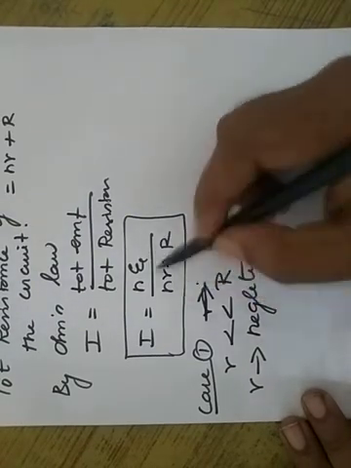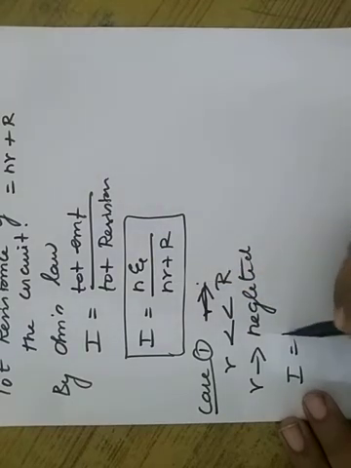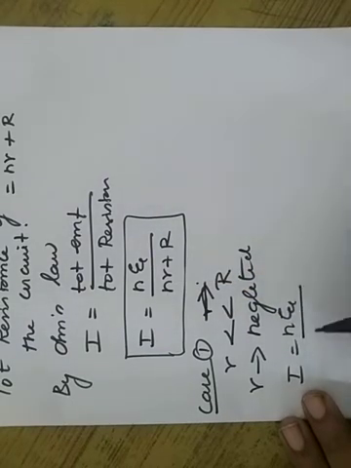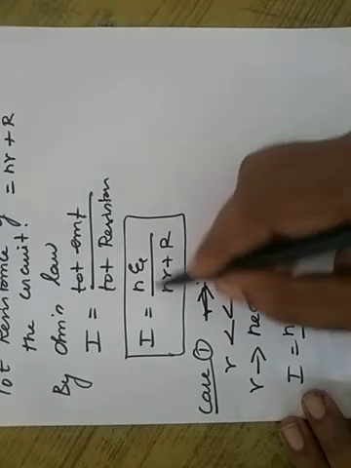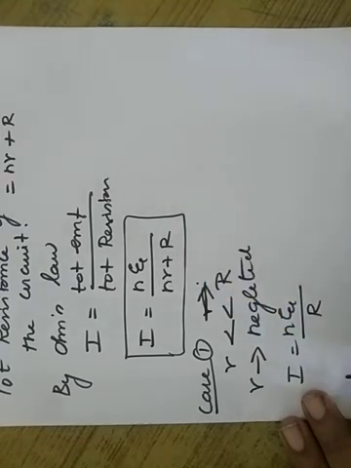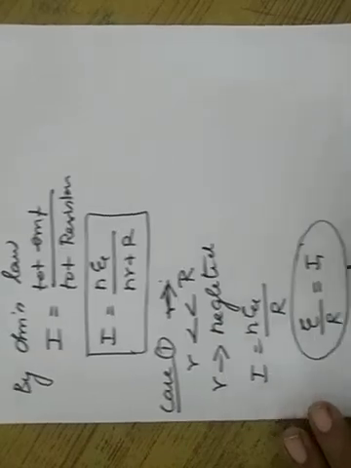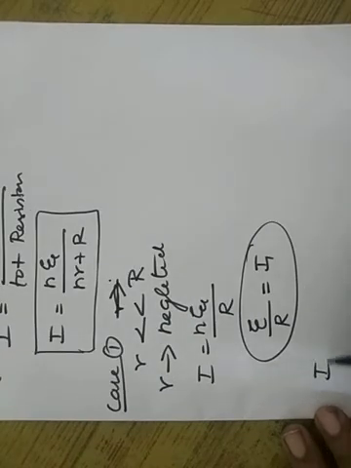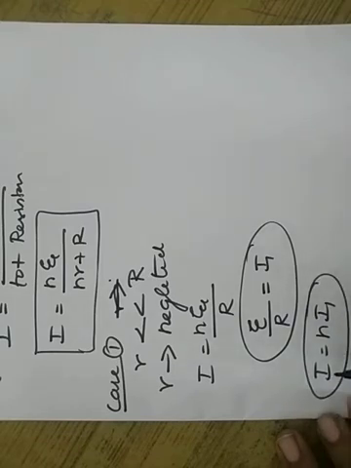So this equation becomes I is equal to n psi by R. Here psi by R equals I1, which is the current due to a single cell. Then I is equal to n I1. The current due to the battery is equal to n times the current due to a single cell.